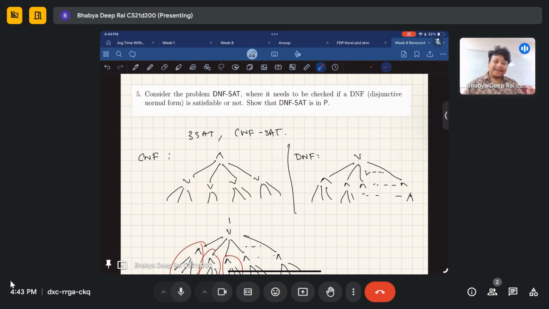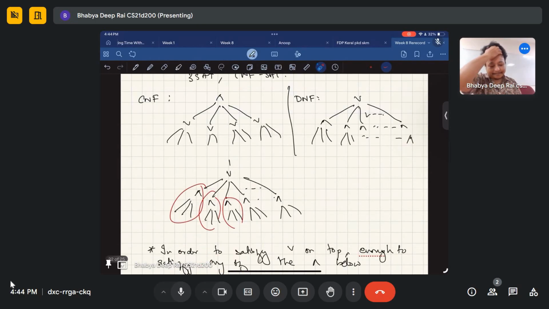So CNF SAT becomes such a tough job to do. But it so happens that if you have 2 CNF, then you can do it. As soon as you notch up the version to 3 SAT, it becomes NP-complete. So this is another interesting thing.